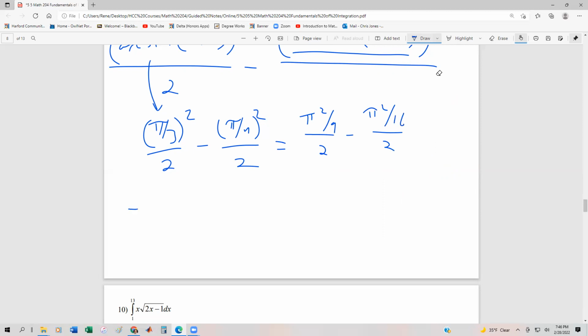In other words, that's going to be pi squared over 18 minus pi squared over 32. The common denominator is probably going to be 72. Maybe not 72, maybe something else.